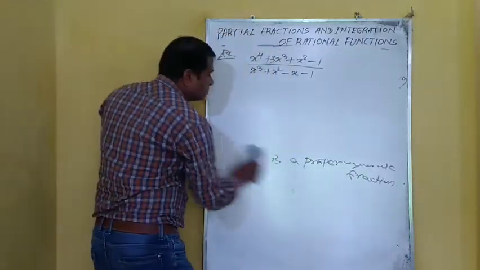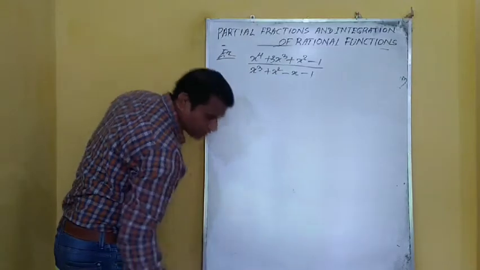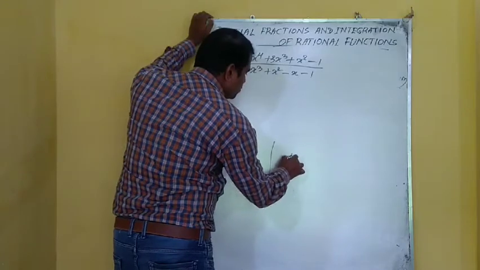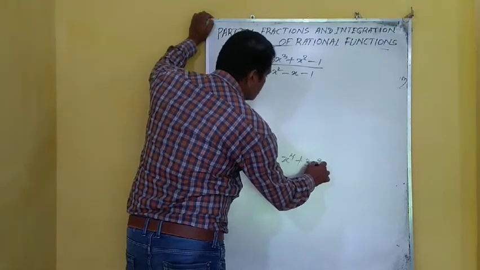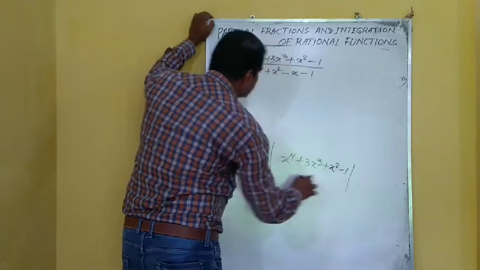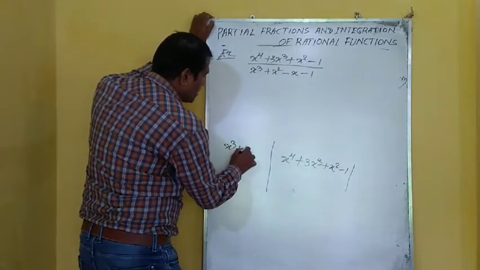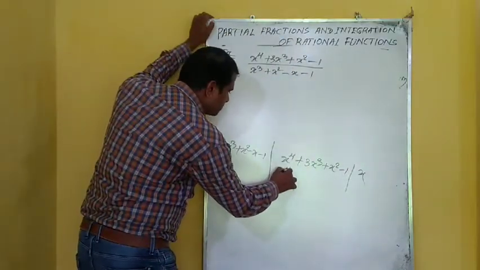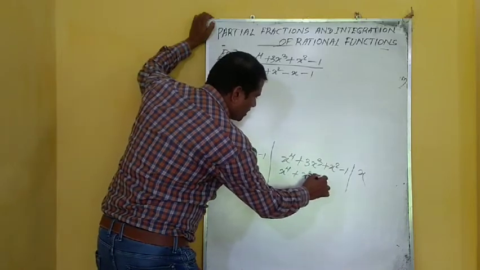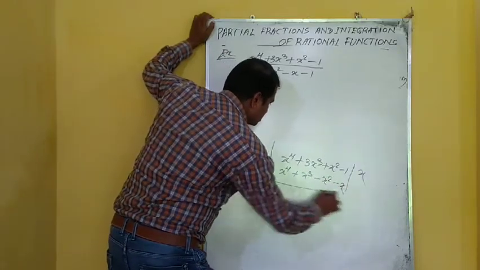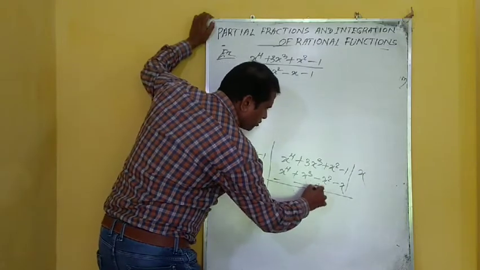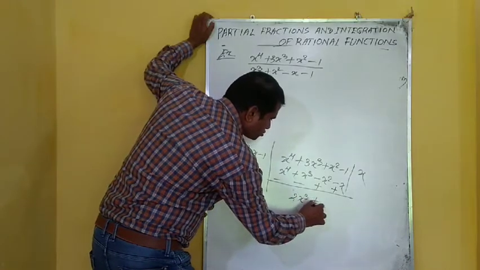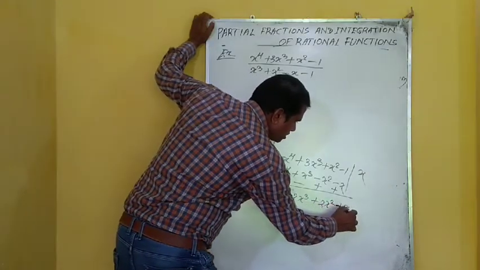Okay. Now we divide x to the power 4 plus 3x cube plus x square minus 1 by x cube plus x square minus x minus 1. We write x, so we get x to the power 4 plus x cube minus x square minus x, that is minus plus plus, so we get 2x cube plus 2x square plus x minus 1.